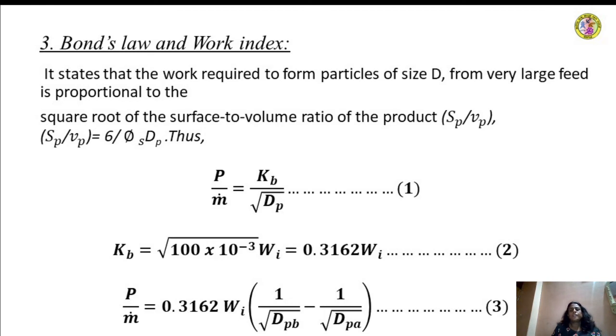So the work index is multiplied with the square root of 100 into 10 power minus 3. That calculation gives you Kb equals 0.3162 Wi.